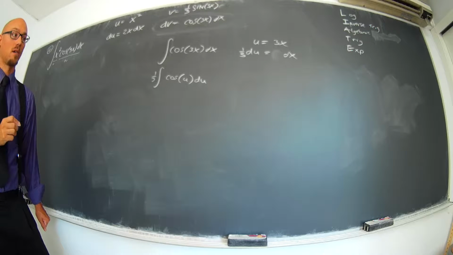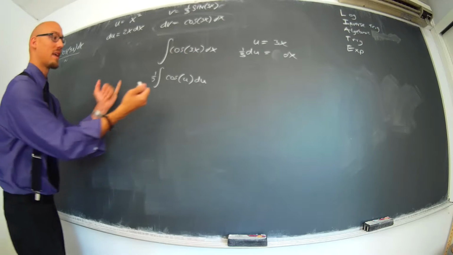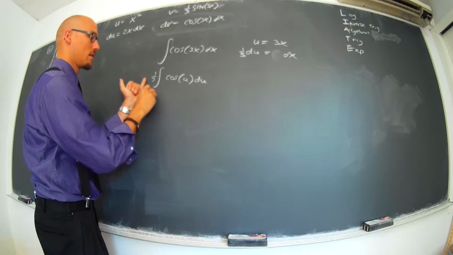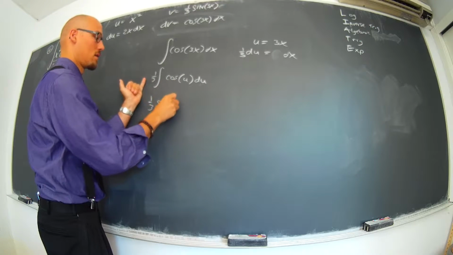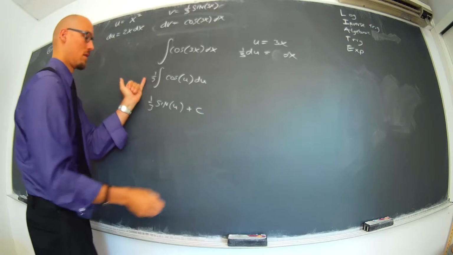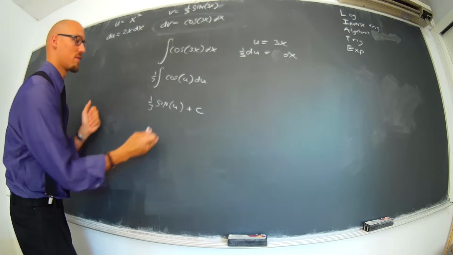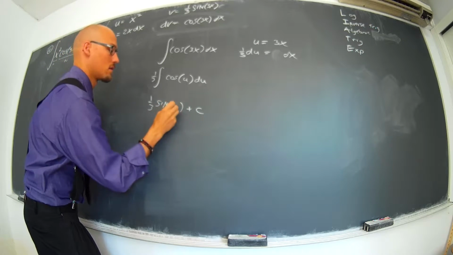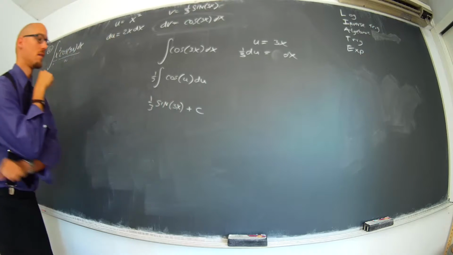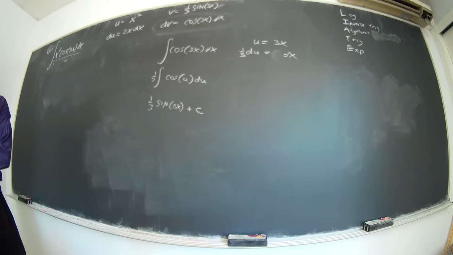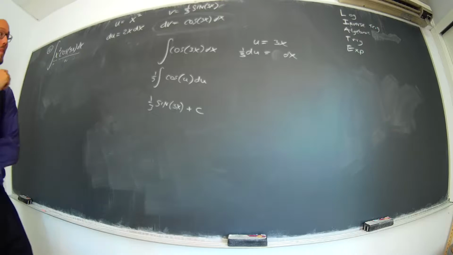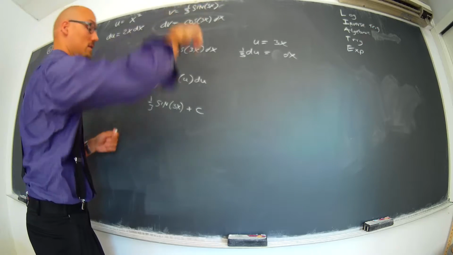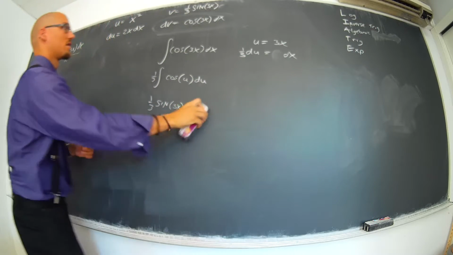And so now we take the integral of cosine as sine, and then u is actually 3x. But we don't need that plus C for this integration by parts.